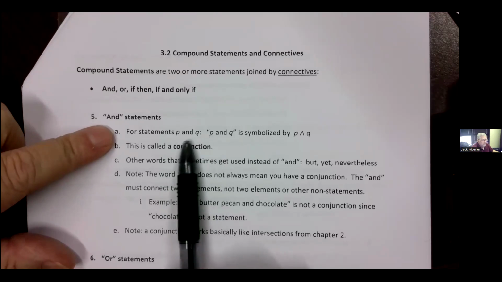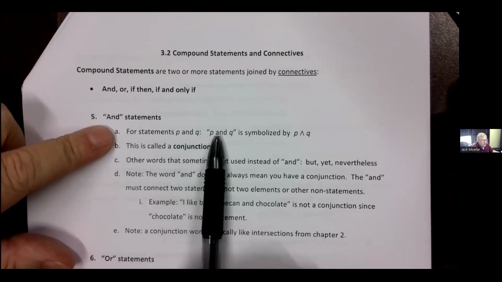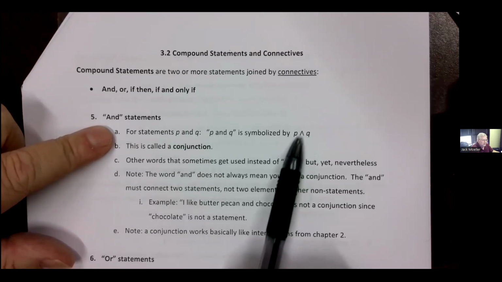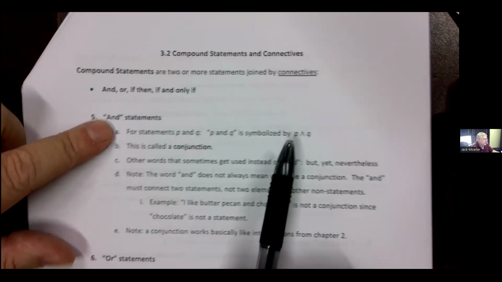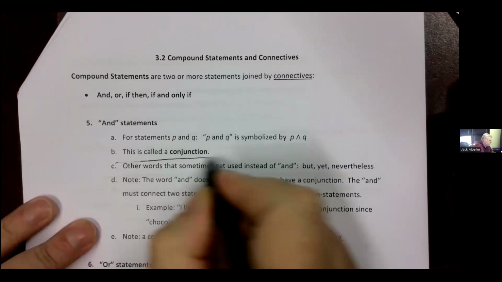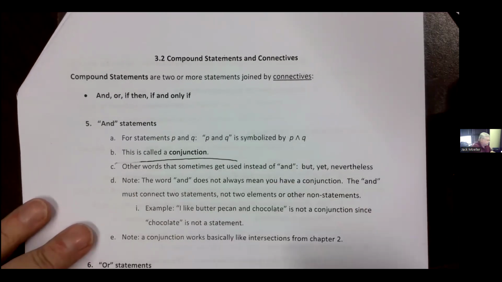If we have P and Q, that is symbolized by P and sort of an up arrow, Q. Hopefully that reminds you of the intersection symbol, only it's an arrow instead of a U shape. And is basically the equivalent of intersection, but in logic and truth tables, it's called the conjunction.